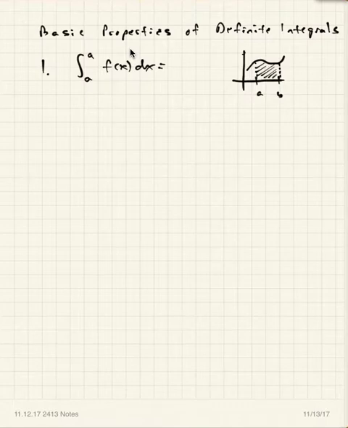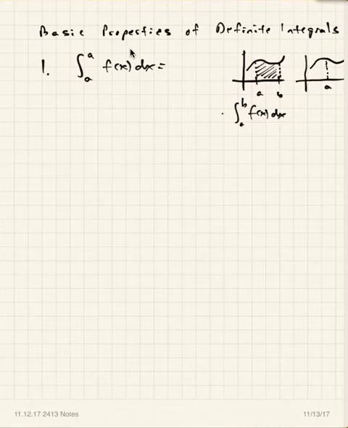So that's the area from a to b of f of x dx. If you're looking at the area from a to a, now you've just got that line segment that you're looking at the area of. And so what should be the case here? This area ought to be equal to 0, because it's the area of a line segment, which really has no area.